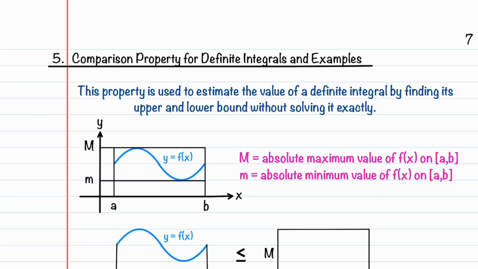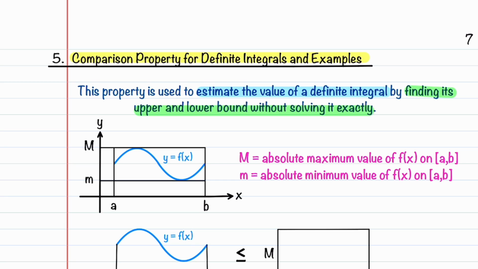Let's now learn about the comparison property for definite integrals and walk through some examples. The comparison property is a really useful property, and it's used to estimate the value of a definite integral by finding its upper and lower bound without solving it exactly.